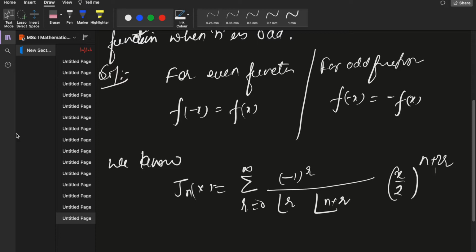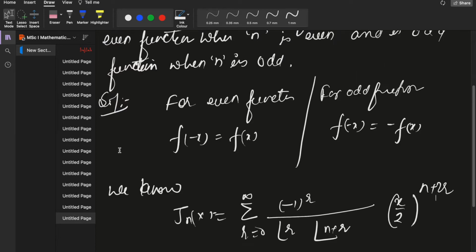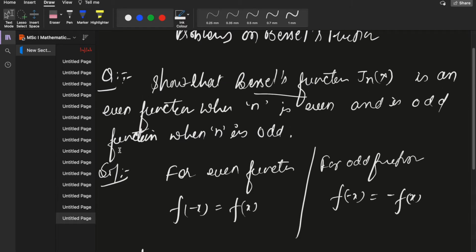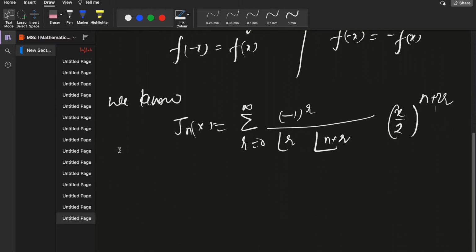So the question says show that the Bessel function Jn(x) is an even function when n is even and an odd function when n is odd. So we need to check this.